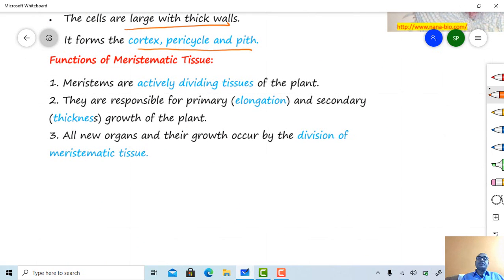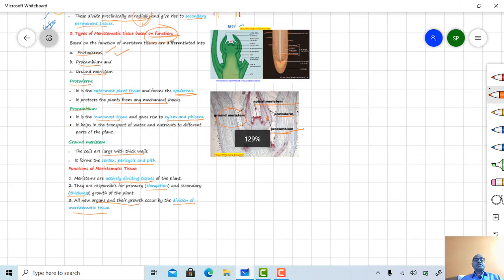Meristematic tissues or meristems are actively dividing tissues. They are responsible for the elongation as well as thickness of the plant. All new organs and their growth occur by the division of meristematic tissue. So these are the certain functions.